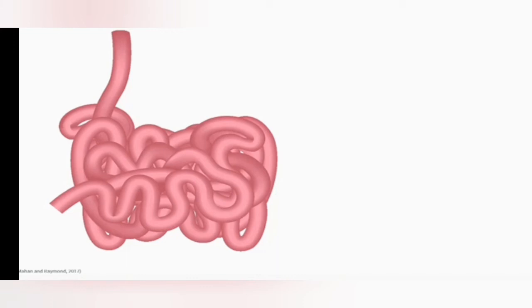It is coiled in between the large intestine, and there are three parts of the small intestine: duodenum, jejunum, and ileum.